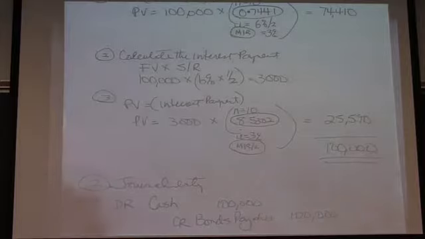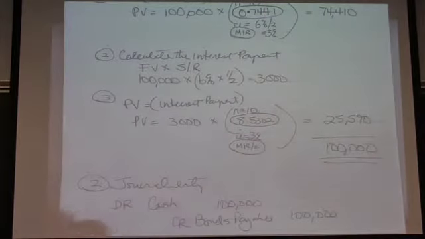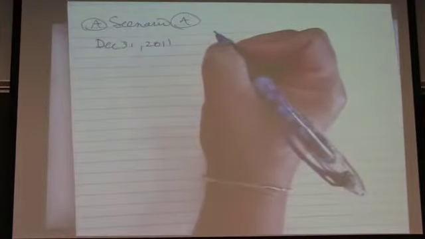Now, we're going to be asked to perhaps do the interest entry, and you'll see in a minute how easy this would be. So for scenario A, the first interest payment entry is going to happen on December 31st, 2011. Okay, and the interest is going to be the issue price of the bond, the carrying value.